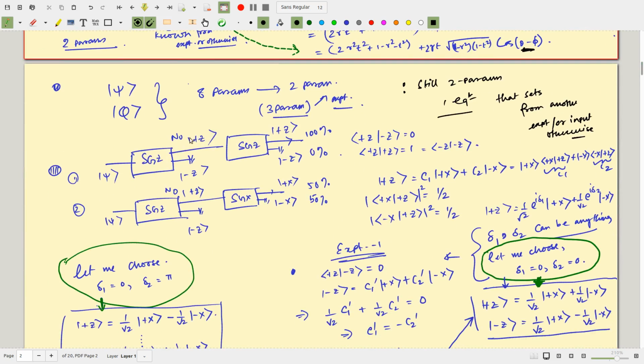So, starting from 8 parameters, we have now reduced to 2 parameters. It was actually 3 parameters, but because of experiments now it is 2 parameters. But there are still 2 parameters. So, we still want to find what these 2 parameters are, and those can be obtained by more experimental or some other kind of information about a specific system.